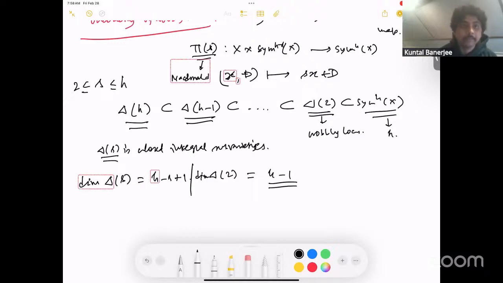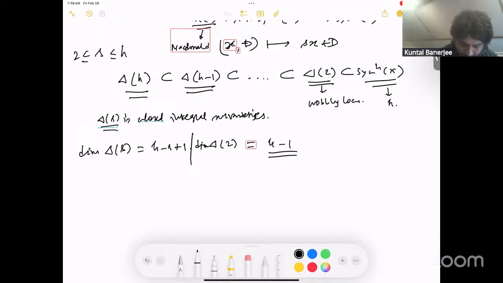That means it is a closed subvariety of codimension 1. That was the version of Drinfeld's claim. Drinfeld claimed that it is a closed subvariety in the moduli space of stable pairs. So we are just looking at the version on elliptic curves, and we are seeing that these form a closed subvariety of codimension 1.